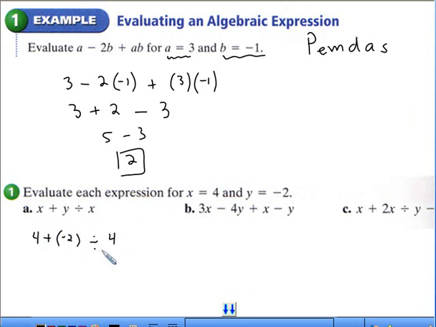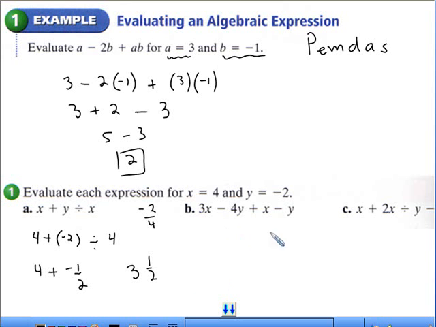So negative 2 divided by 4, what's that going to give us? Negative 1/2. So it was 4 plus negative 1/2, we get 3.5.